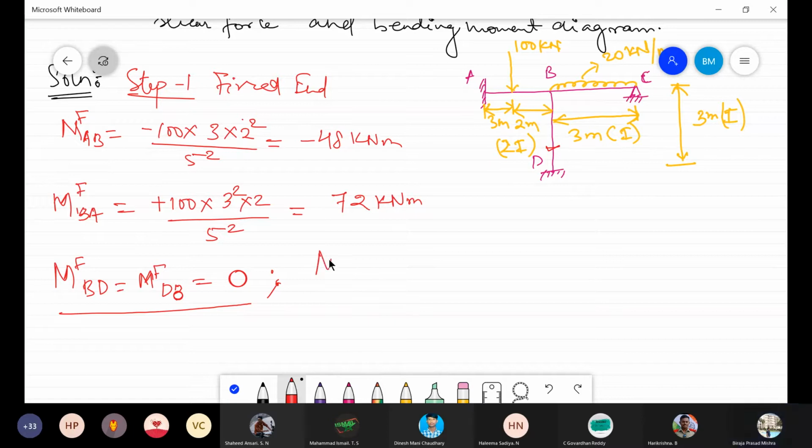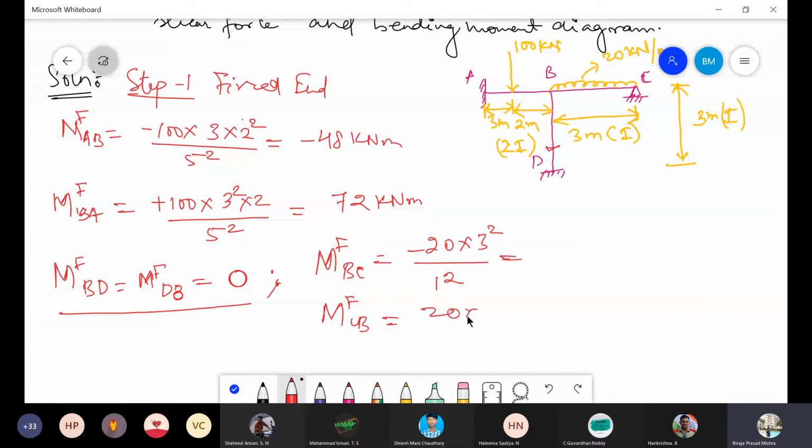Next, MFBC equals to minus 20 into WL square by, what will be the formula? WL square by 12. MFCB equals to 20 into 3 square divided by 12.